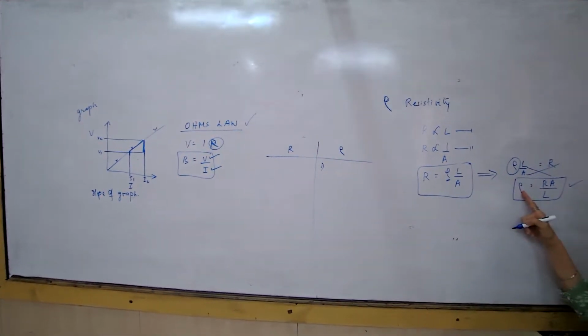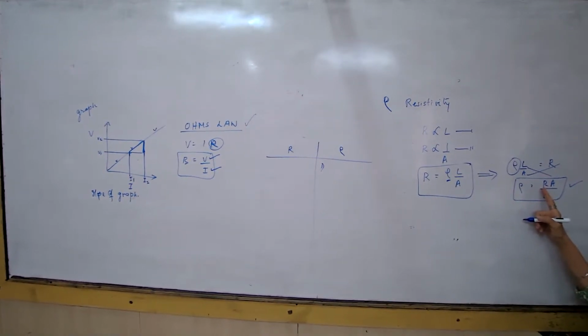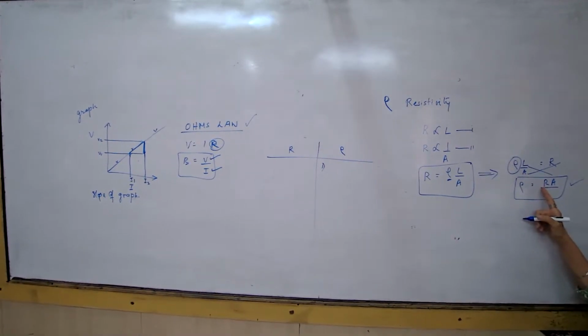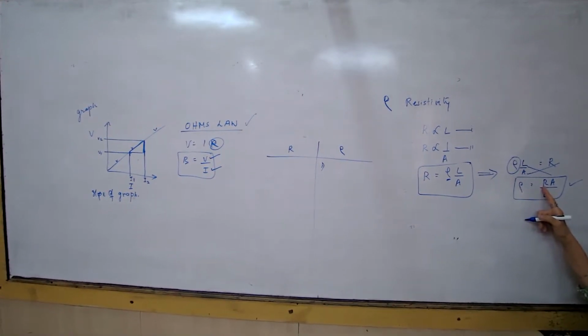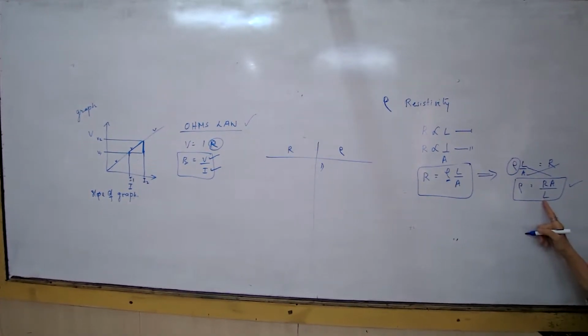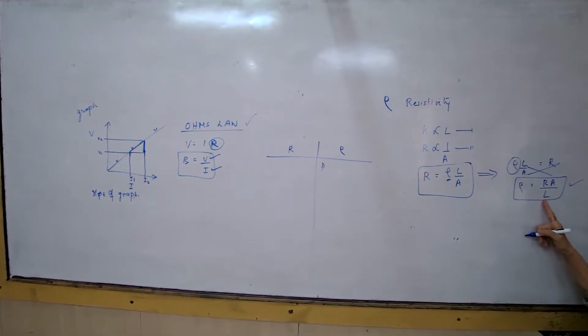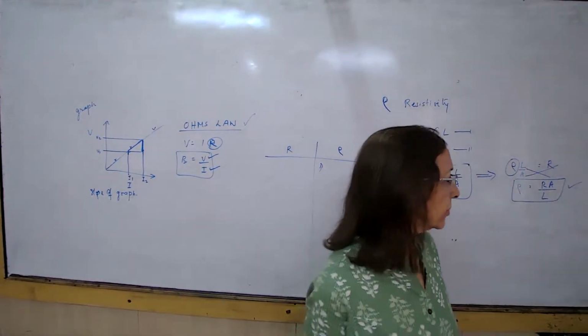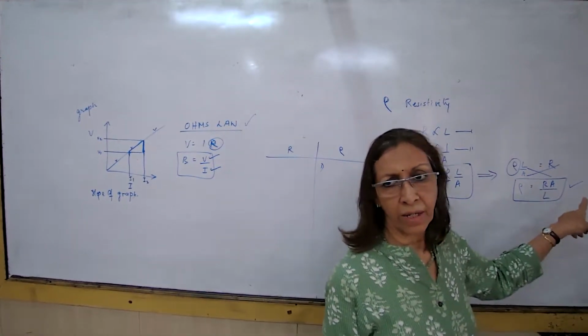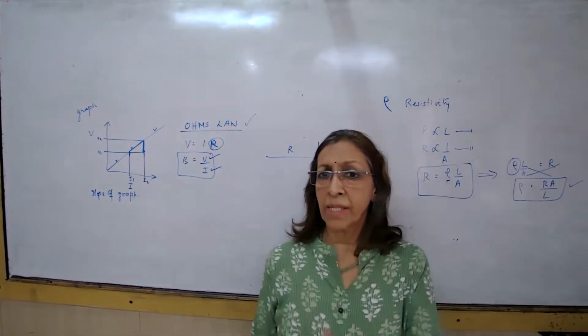Resistivity is equal to resistance if the length is 1 meter and the area of cross section of the wire is 1 meter square.